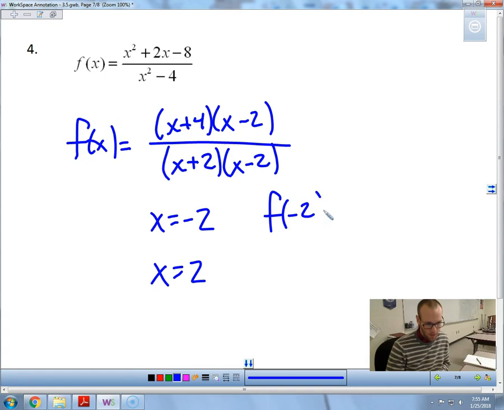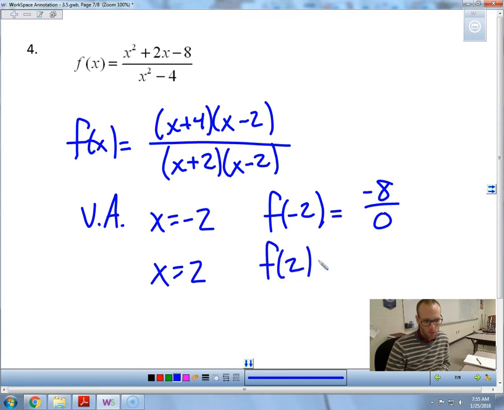If we check negative 2, that would be 2 times negative 4, negative 8 over 0. That's a vertical asymptote. But when I put in 2, I end up with 0 over 0. That's the hole.